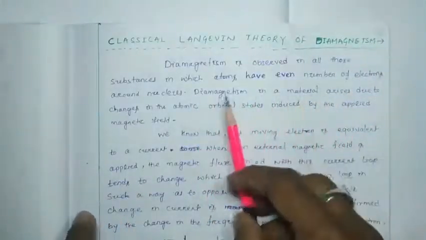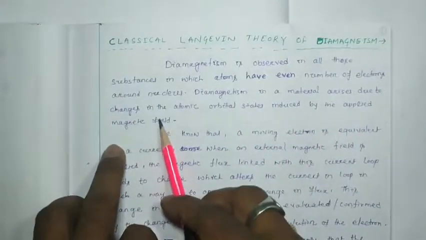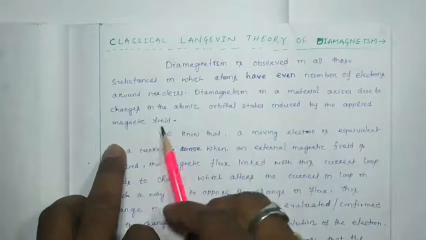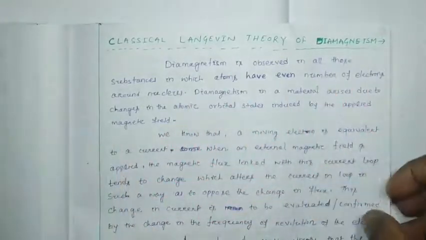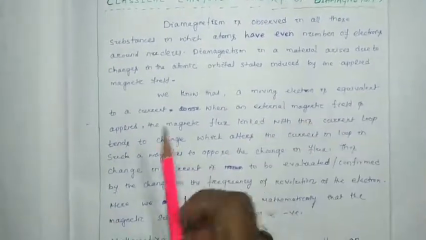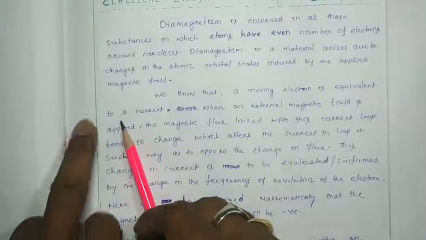Diamagnetism in a material arises due to change in atomic orbital states induced by the applied magnetic field. We know that a moving electron is equivalent to a current loop, as I discussed in our last class.